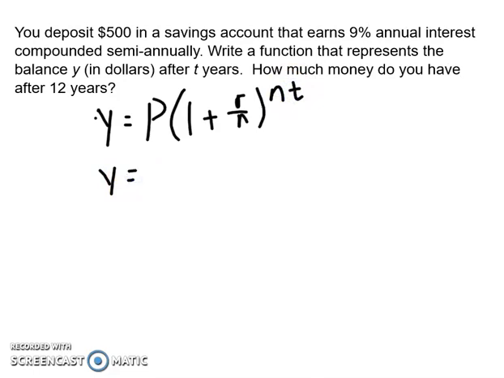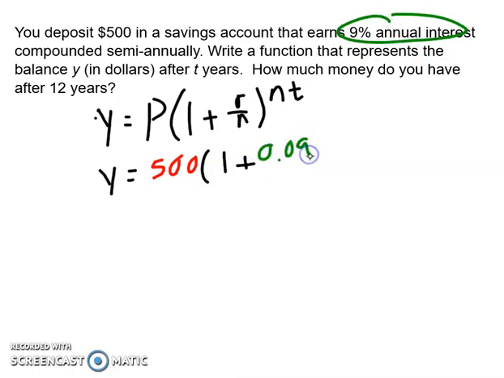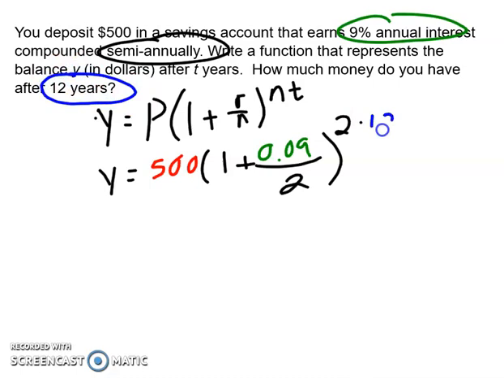Our principal amount is $500. Our rate of annual interest is 9%, so 0.09, over the number of times it occurs. Semi-annually means 2, by the way, to the n times t power. It's happening in 12 years.